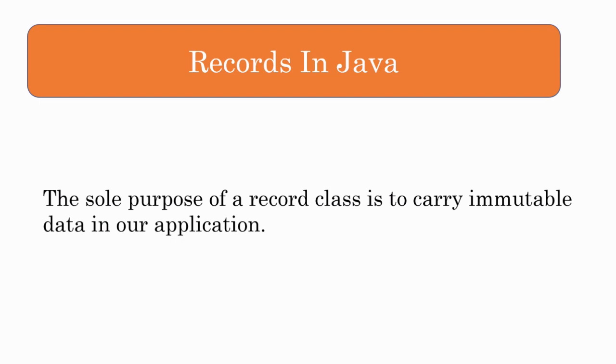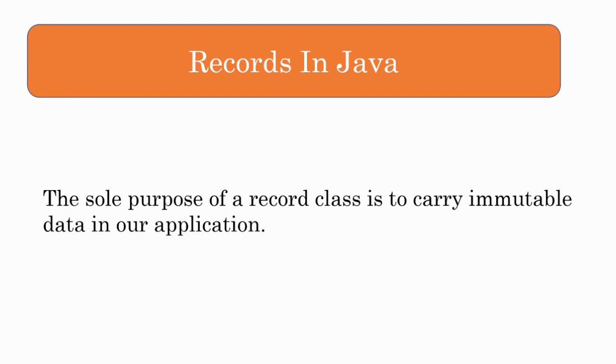And creating that simple class means writing a lot of boilerplate code such as getters, setters, constructors, the hashCode method, the equals method, and the toString method, and so much boilerplate code like that. But the purpose of a record is to get rid of that boilerplate code.